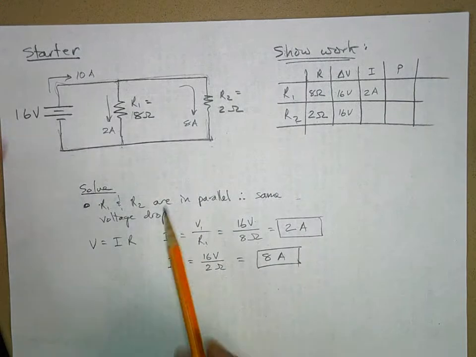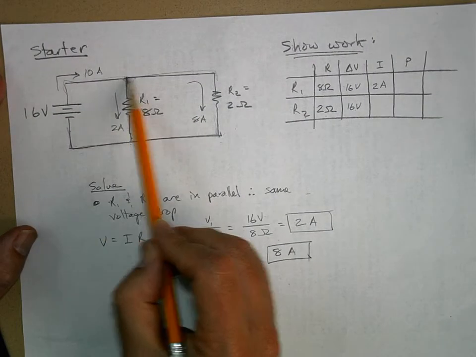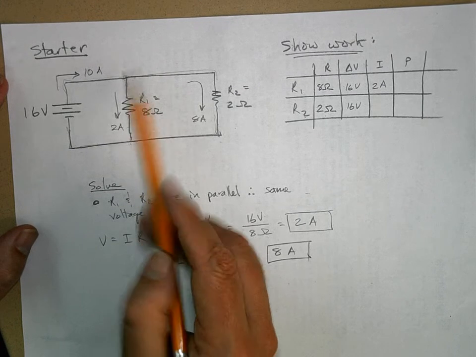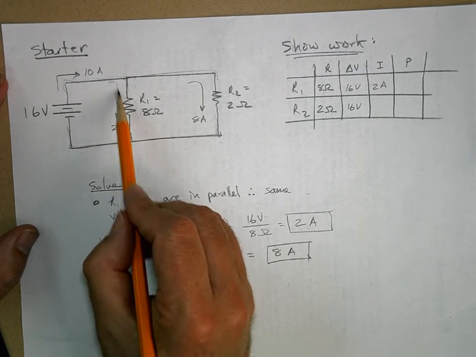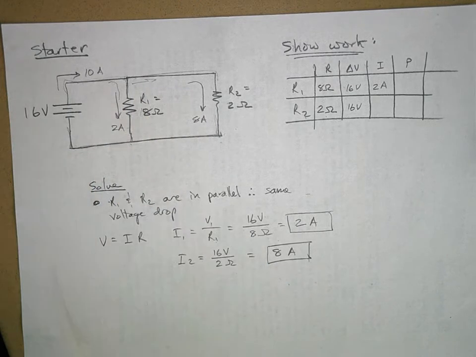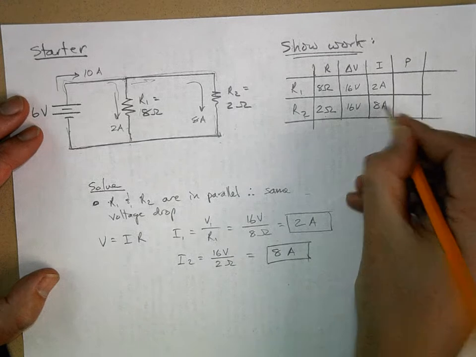Because as the flowing charge reaches this fork in the road, it's also called a junction, 2 of the amps will go this way, 8 of the amps will go this way, so you had to have 10 amps going into the junction. Okay? Hopefully that makes sense. Let's put the answer in the blank here.